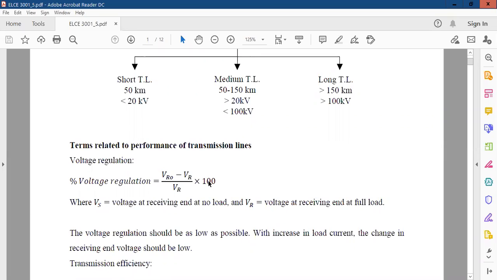So always we want to have a low voltage regulation in our transmission lines, but always remember, practically voltage regulation is always greater than 0.